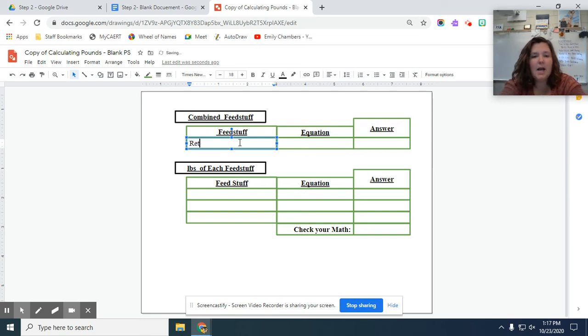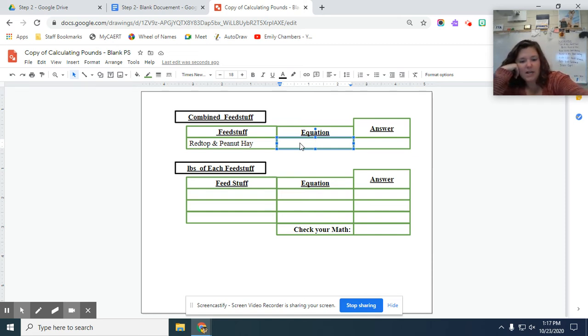So our red top and peanut hay, you have to do the math to figure out what percentage of that feed is that, okay?